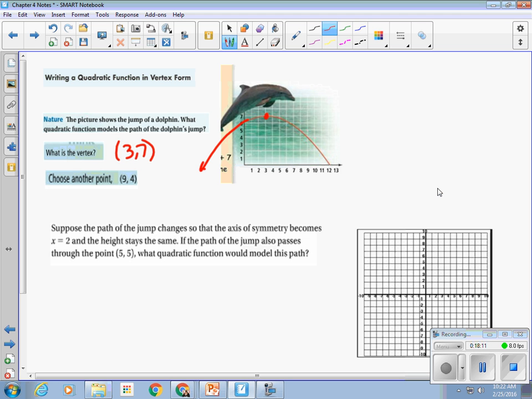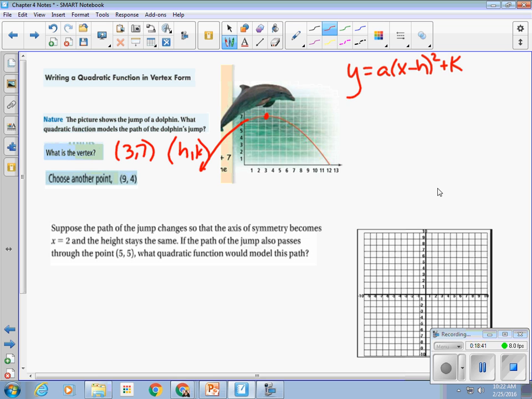So we have a vertex at 3, 7. So we're hunting for this. We're looking to fill in a, h, and k into our function. Our vertex is h comma k. So now that we have h and k, we need to find the a value.